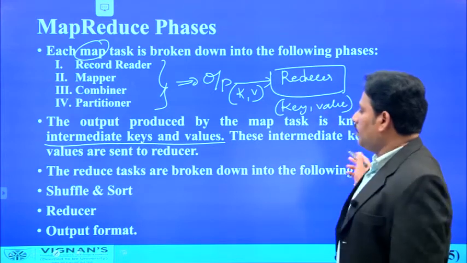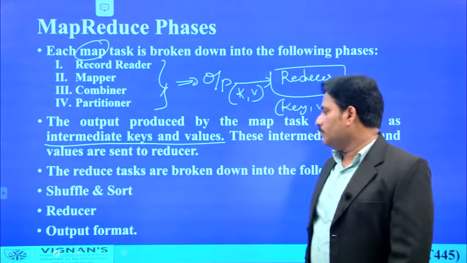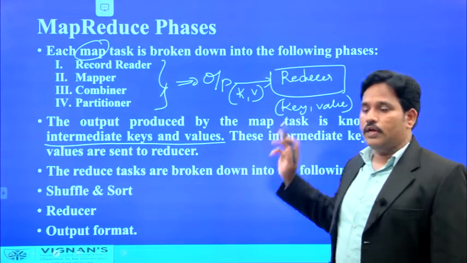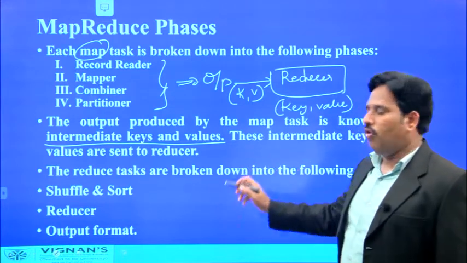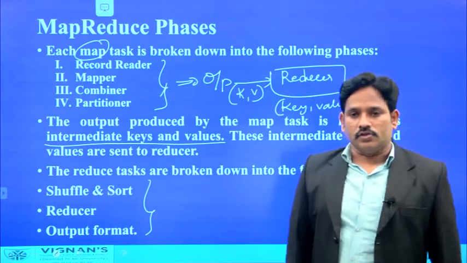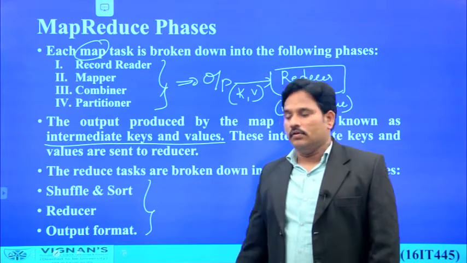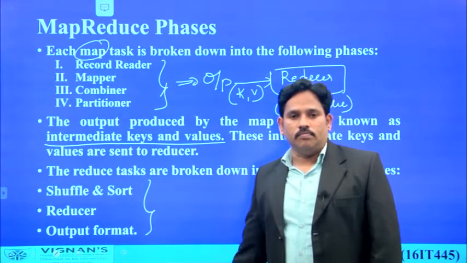These intermediate key value pairs are sent to the reducer module, and once the data has been given to the reducer module, it will break the data into the following phases. That is, it will apply shuffle and sorting, reducer operation, and generating the final output format for the job.